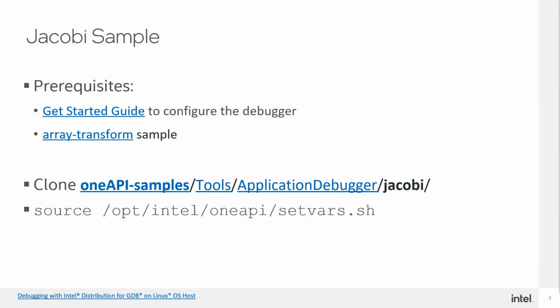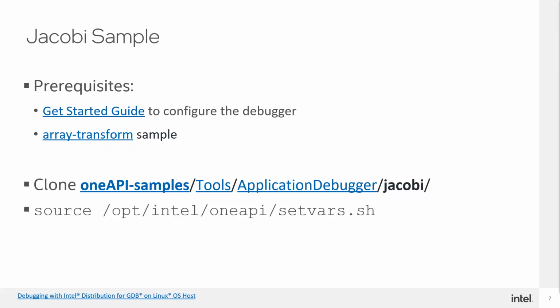We do not install it during oneAPI installation because it requires root privileges. So you need to install it after oneAPI. And also you can play with the array transform sample. It is targeted to debuggers, so you can play with it to make sure that everything is fine.